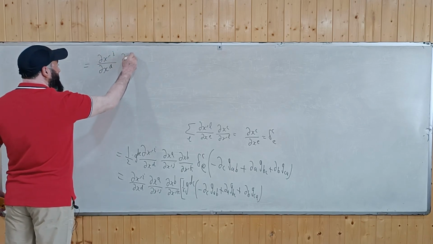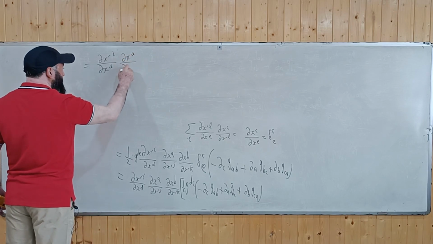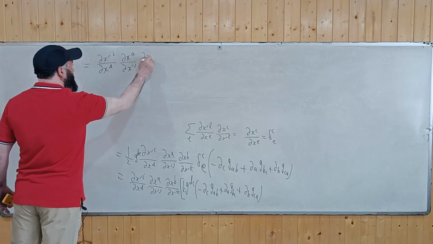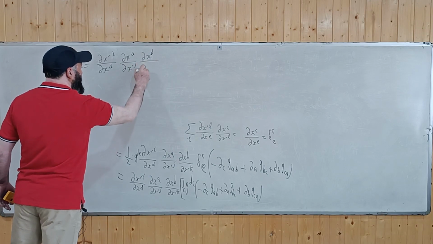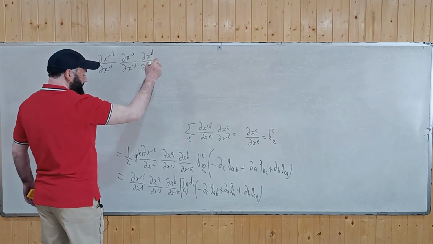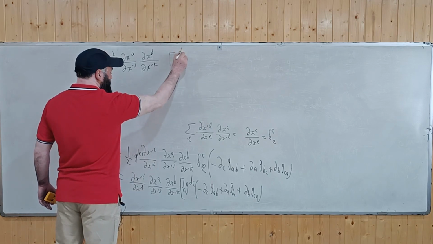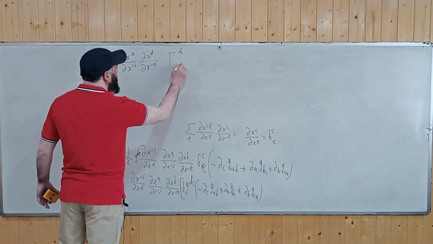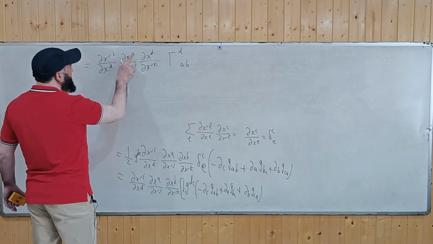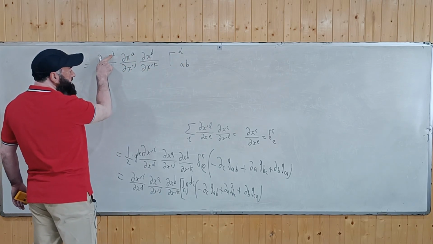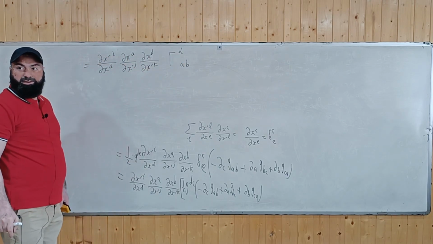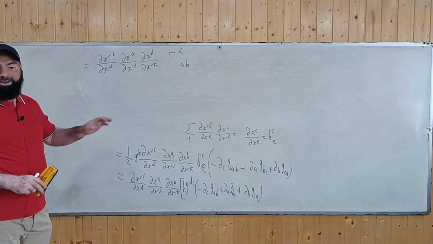Then you are having partial x a by partial x prime j, partial x d by partial x prime k. So this is simply gamma. So it is d. So d is up. Then you are having a. d is contracted, a b is contracted. What are the indices? I is up. J k are down.